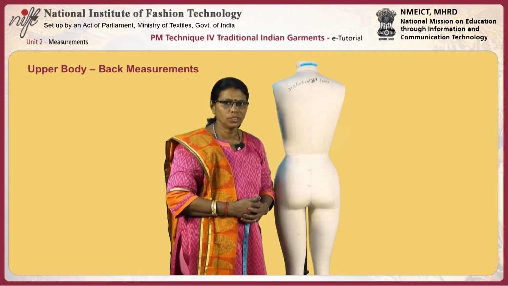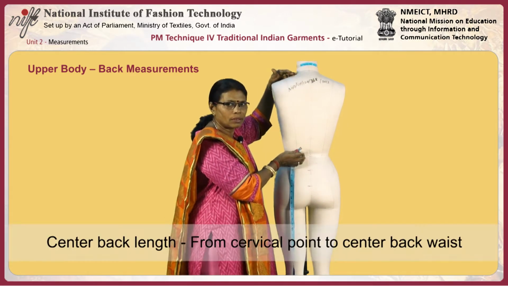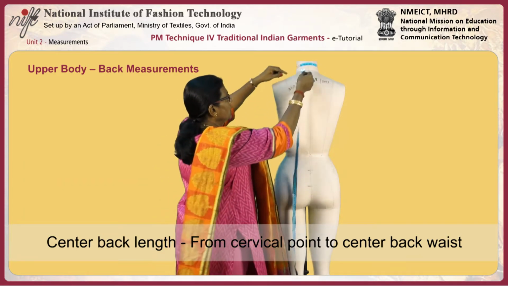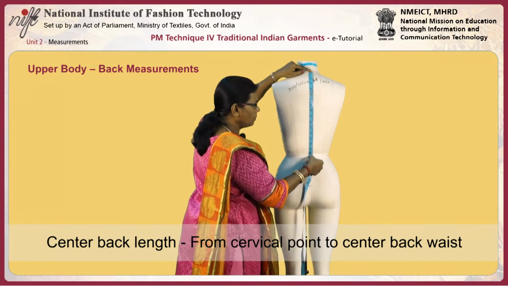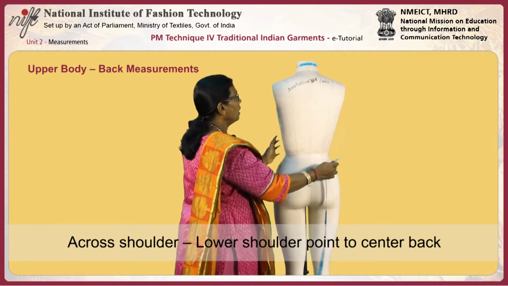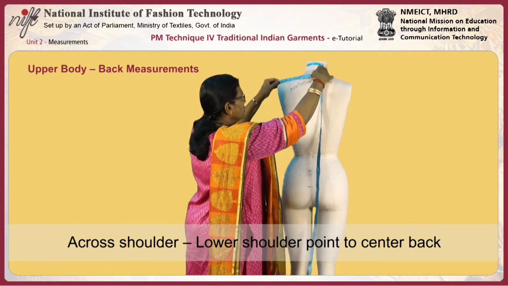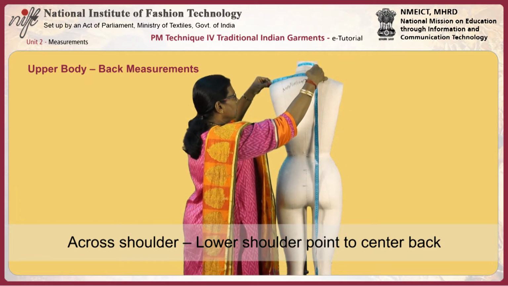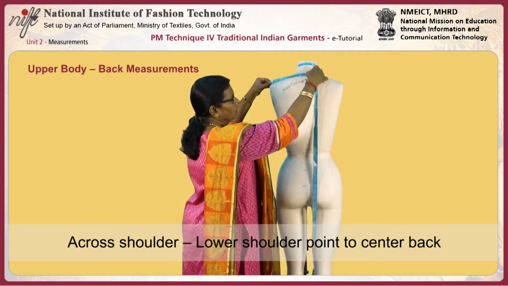Now we are going to take the measurements of the upper body at the back. The first measurement is the length, which starts from the cervical point to the center back waist. Next, the horizontal measurement of across shoulder starts from the low shoulder point to the center back.